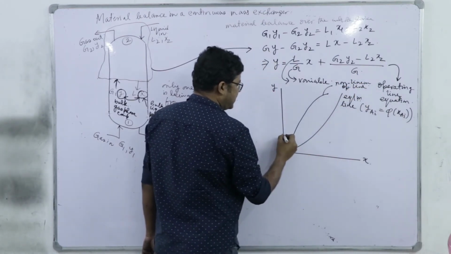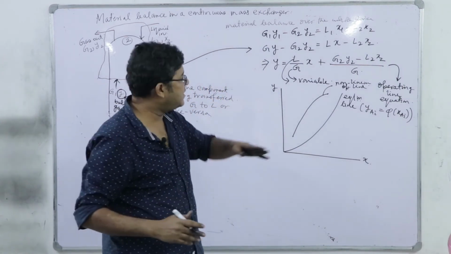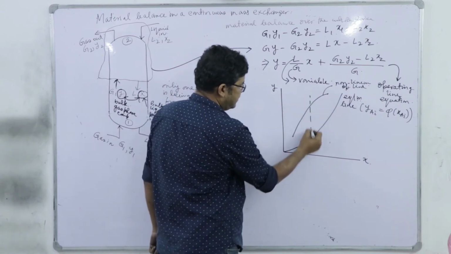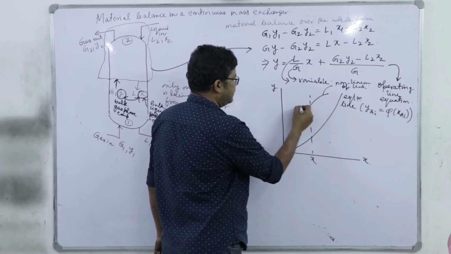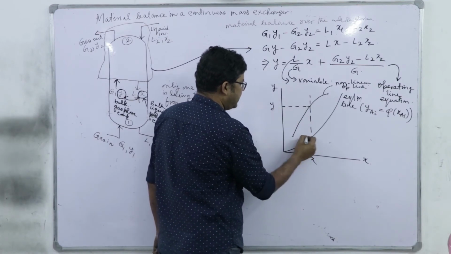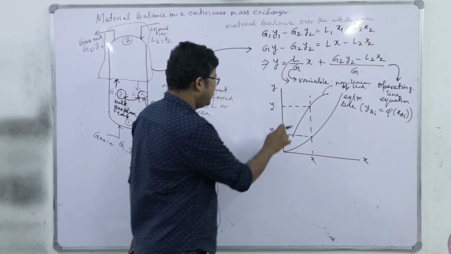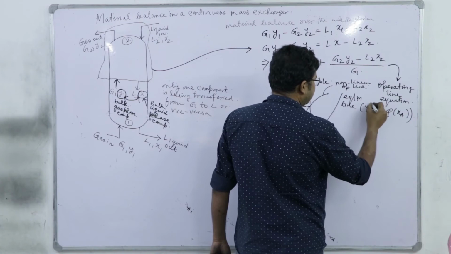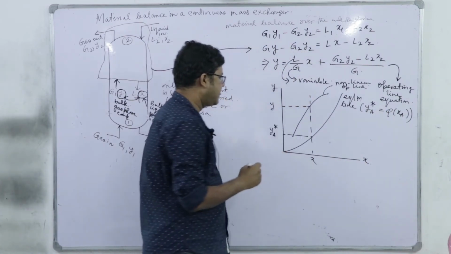And what are the points? If it is above the equilibrium line, which means the y for a given x, say it is x, so this is y and this is YA star, right, the equilibrium value.